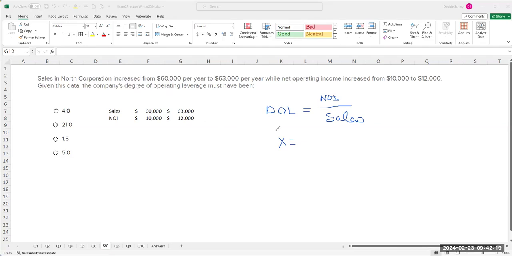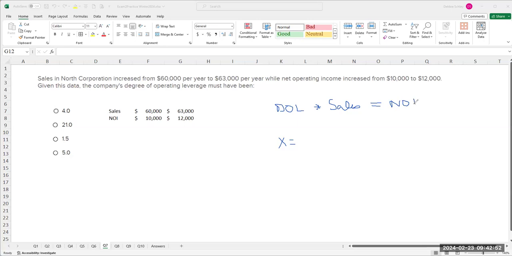Because normally we would have taken the degree of operating leverage and multiplied that by the change in sales to get to the change in net operating income.